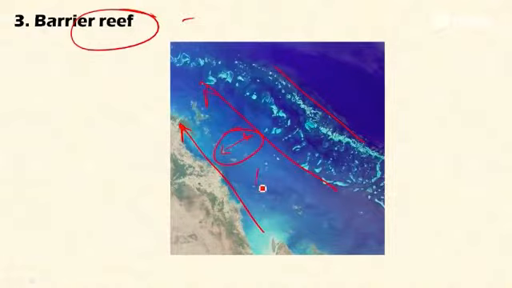This water body is called a lagoon. So between the coastal land and the coral reefs, there is a water body called a lagoon. This is the difference between the fringing reef and barrier reef. This is a satellite picture of the Great Barrier Reef of Australia.